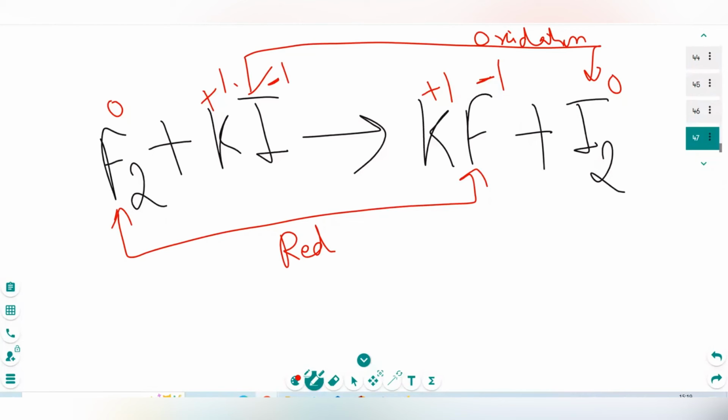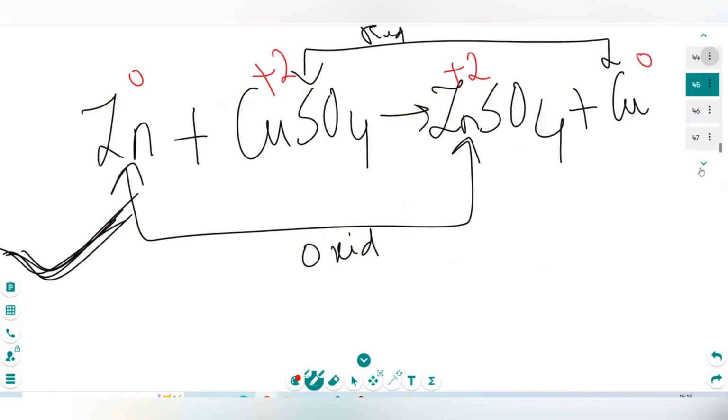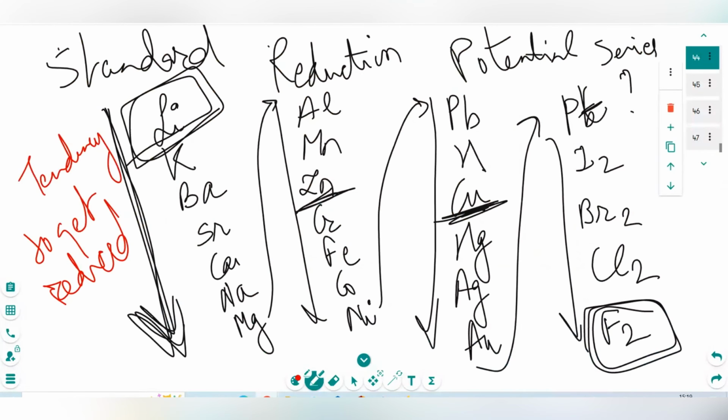Fluorine, iodine. Well, so fluorine, I don't think this would take place. Correct. This will not take place. Why? I didn't find iodine, but I'm pretty sure fluorine is the lowest.